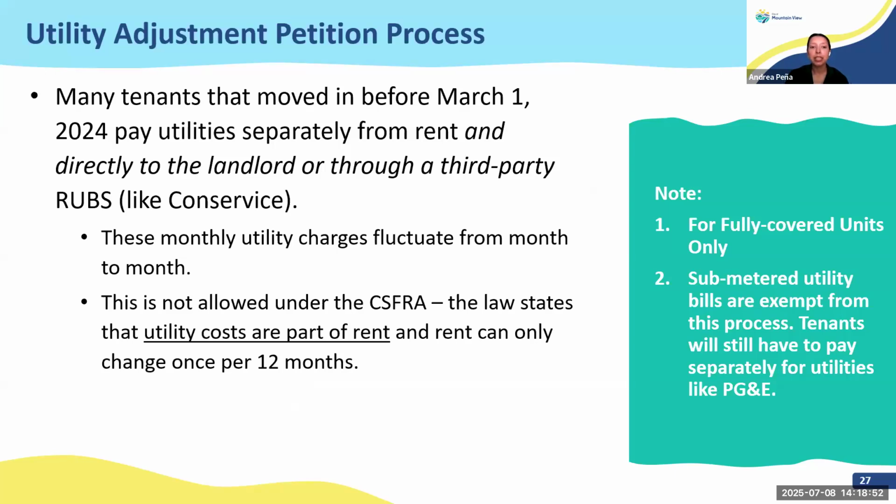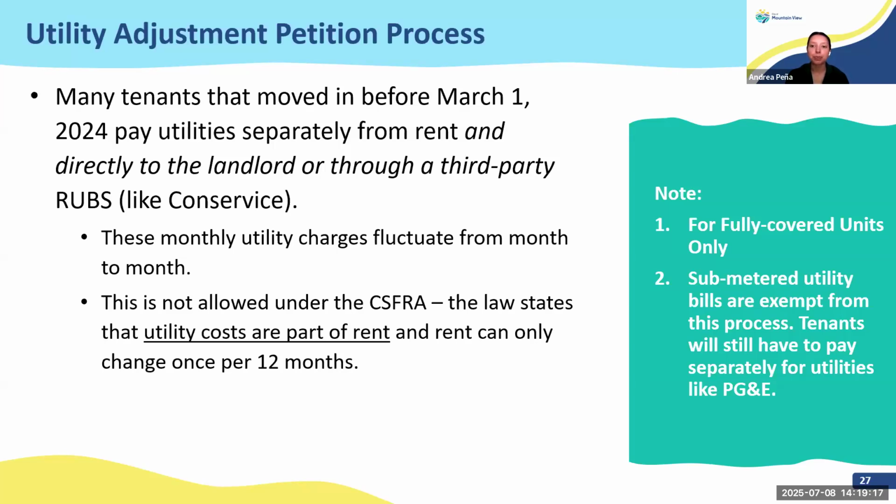So these monthly utility charges are going up and down, not based on how much that tenant is using, but based on, for example, how much the whole building is using of any particular utility. Since the CSFRA states that utility costs are part of rent and rent cannot be fluctuating, that's why this is no longer allowed.